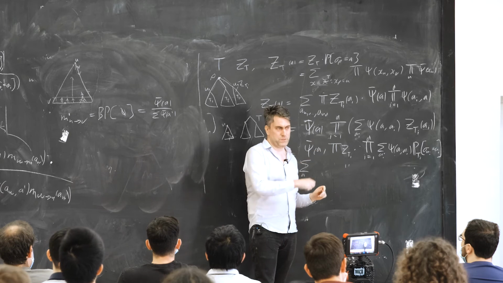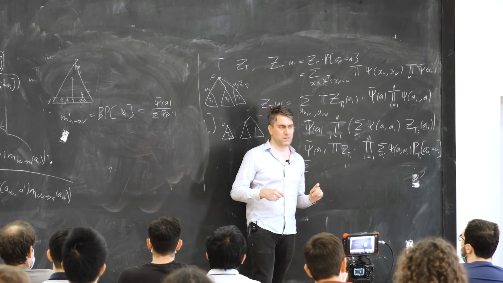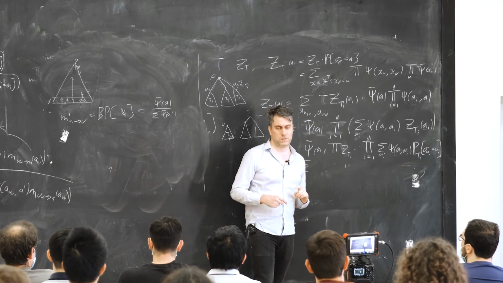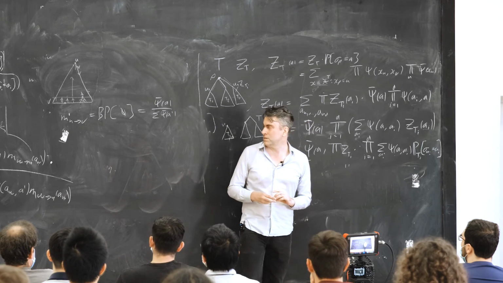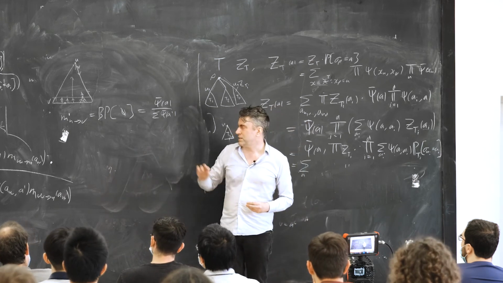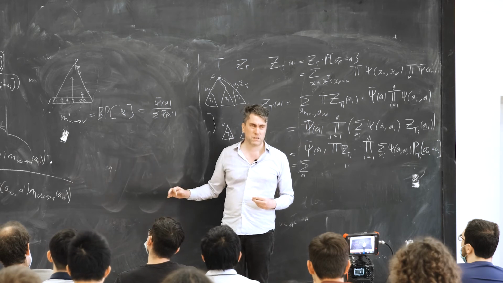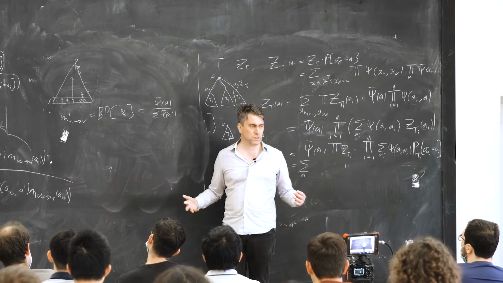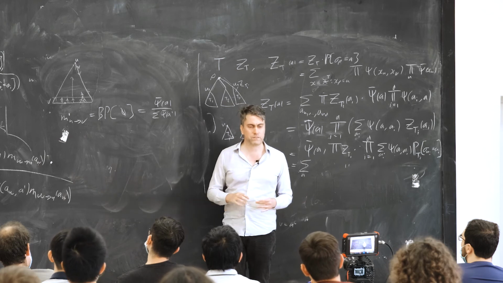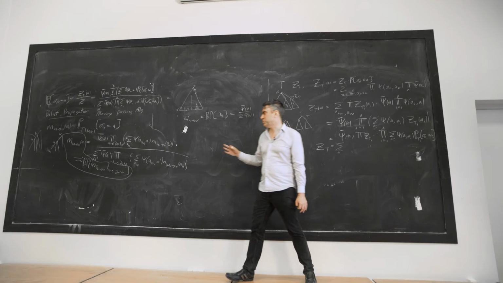Once you have loops in the graph, that's no longer the case. So in general, the belief propagation equations won't hold on a general graph. This only applies to trees.